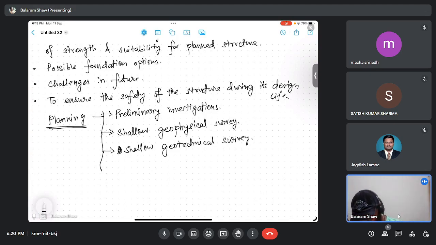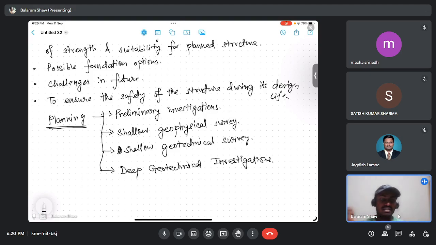Okay. And other than that, sometimes for big structures like wind turbines, bridges, airports and all, we have to go for the deep geotechnical investigations. In deep geotechnical investigation, we do what we have done in the onshore investigations.